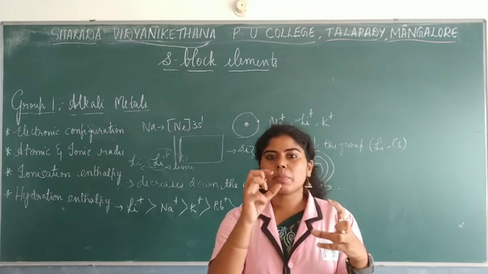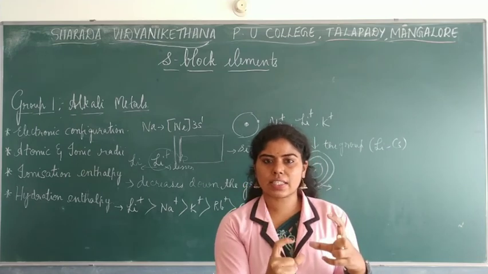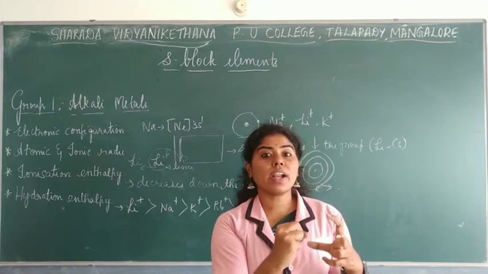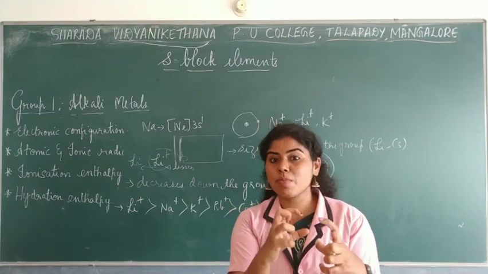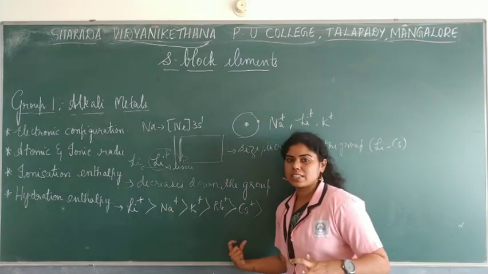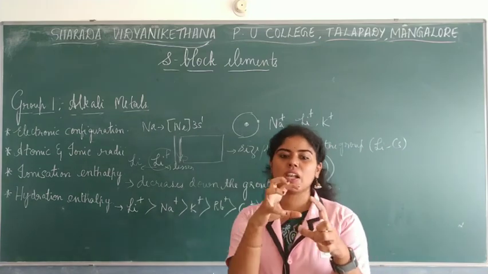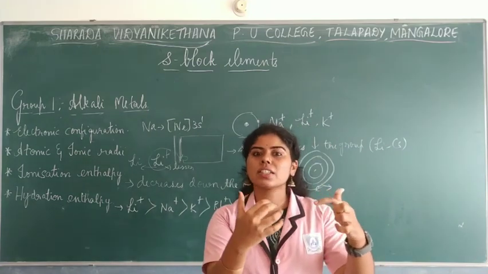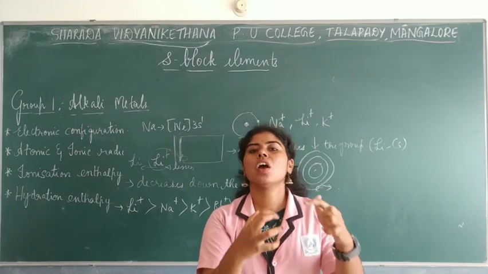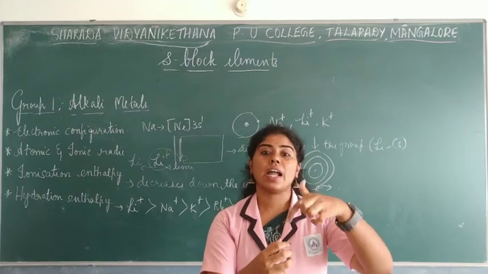Because of this very small size, they have more attraction towards the nucleus. So attraction is said to be more when compared to all of these elements. Lithium will have more attraction. Now in order to release or remove this attraction, what you have to do? You have to make it hydrated.